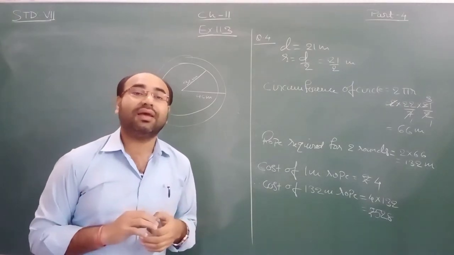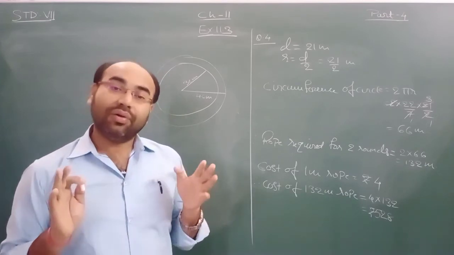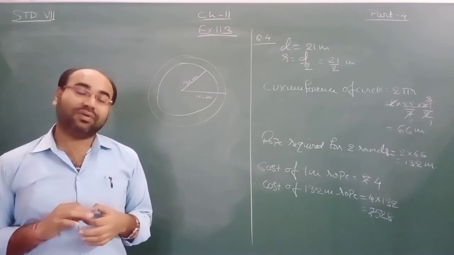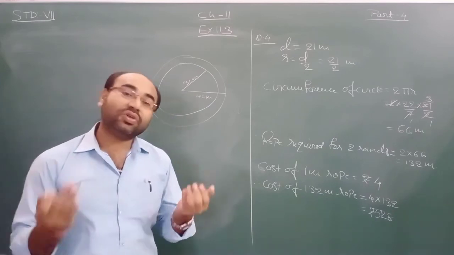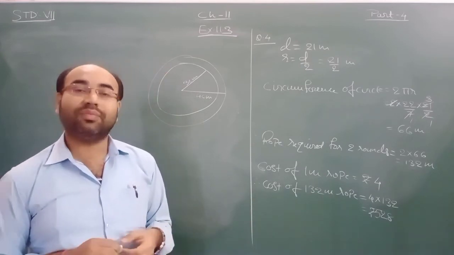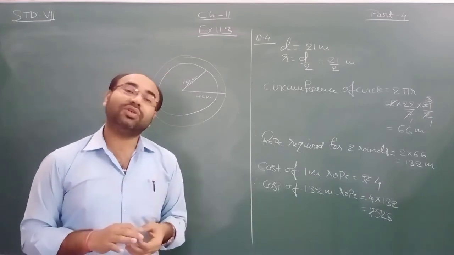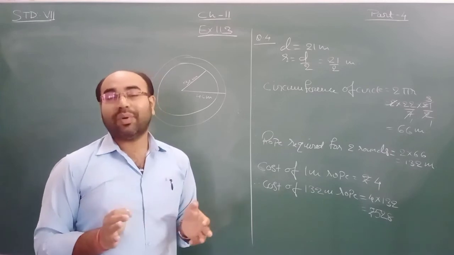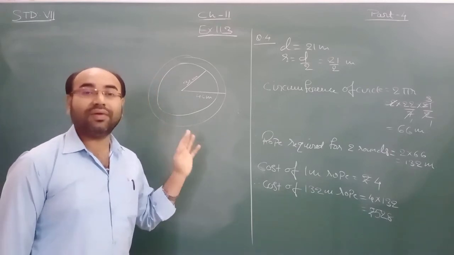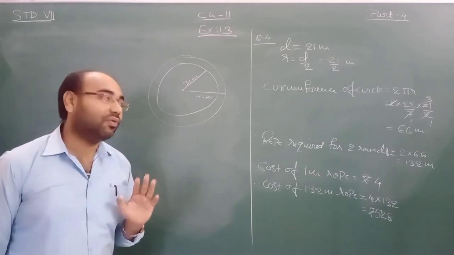You also have to keep in mind whether the question gives the value of pi to take, and if given, what it is. If it is not given, then you can use your own 22/7 or 3.14, but if it is mentioned in the question that you have to take pi equal to 3.14, then you have to take the value of pi as 3.14 only.